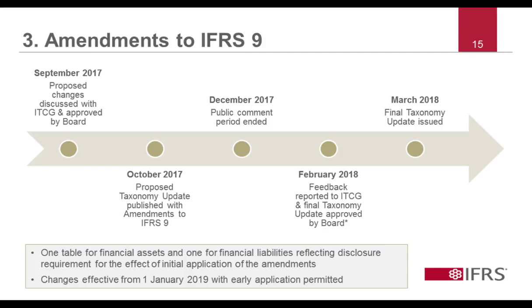As with other changes, the Board and ITCG discussed the change before September 2017, and then in February 2018 to discuss the feedback that we received on the public consultation. And then after all that, we included those changes in the annual taxonomy in March 2018.